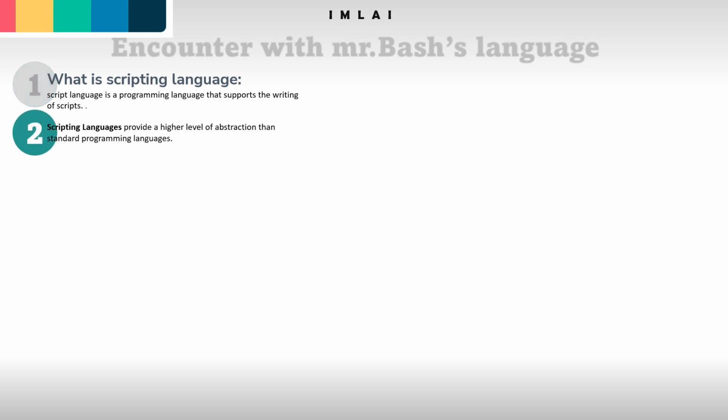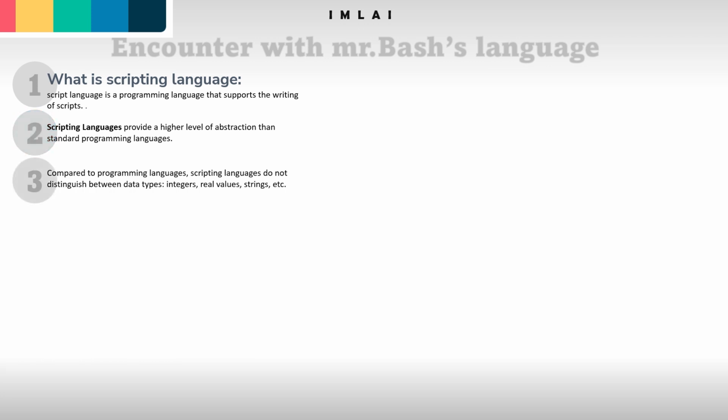A scripting language provides a higher level of abstraction than standard programming languages. Compared to programming languages, scripting languages do not distinguish between data types such as integer, real values, strings, etc.